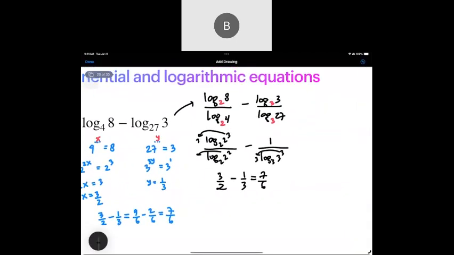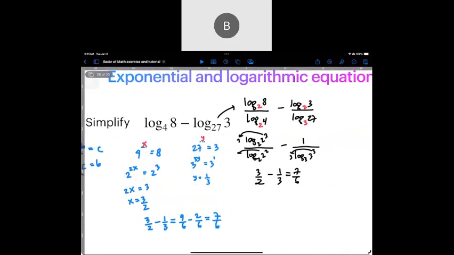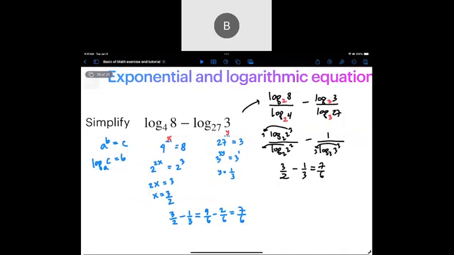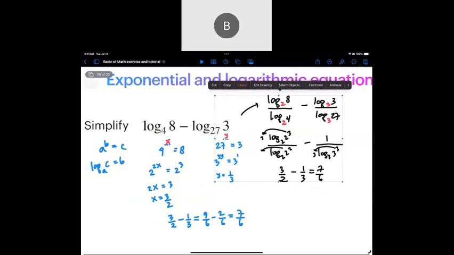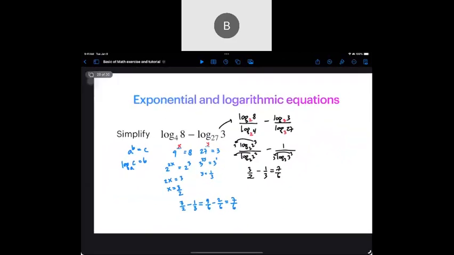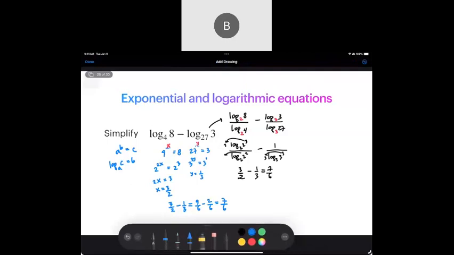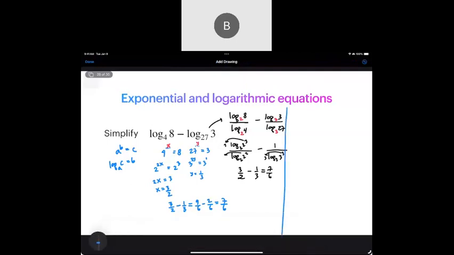The third method, okay, let me get smaller here. Now let me put the third one. Let me write log 4 of 8.